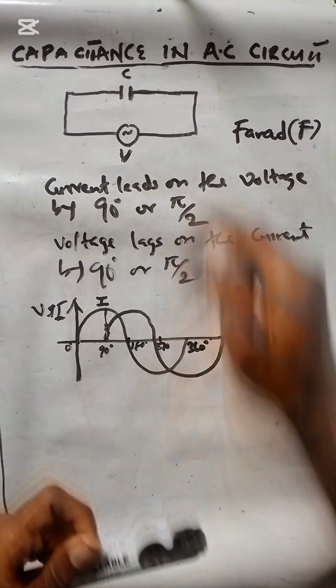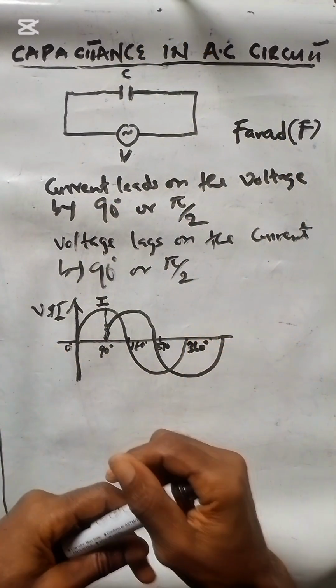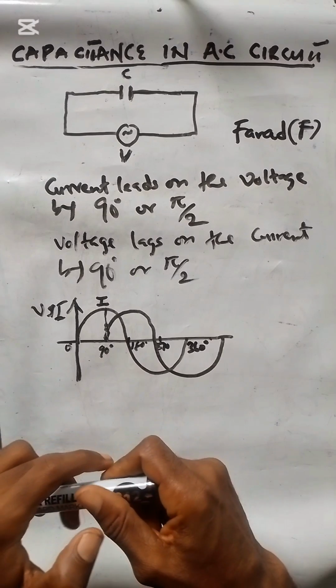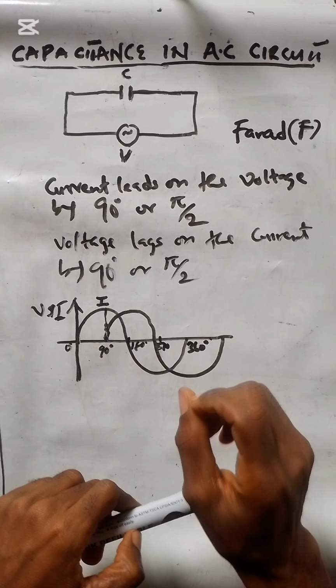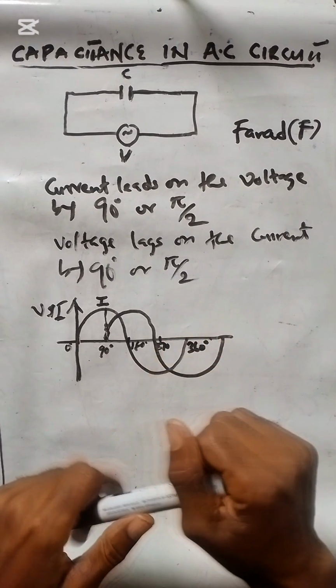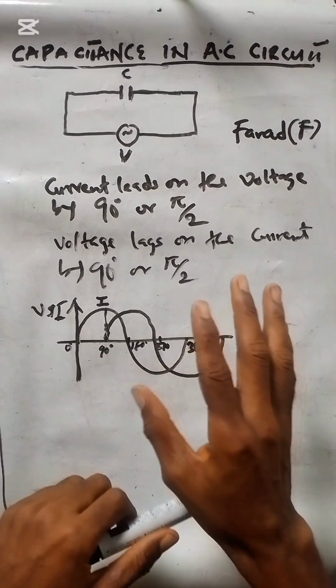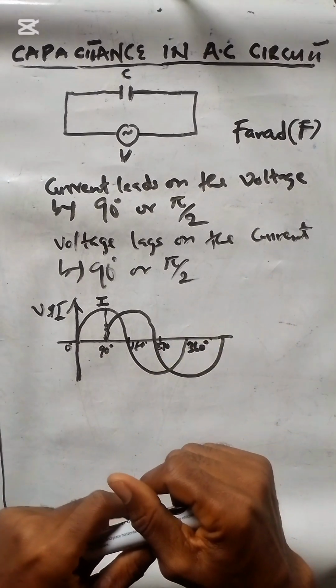But we should know that a capacitor does not consume or dissipate energy. But in real sense, there's no perfect capacitor, so there will be at least some little resistance in the capacitor. That resistance is known as capacitive reactance.